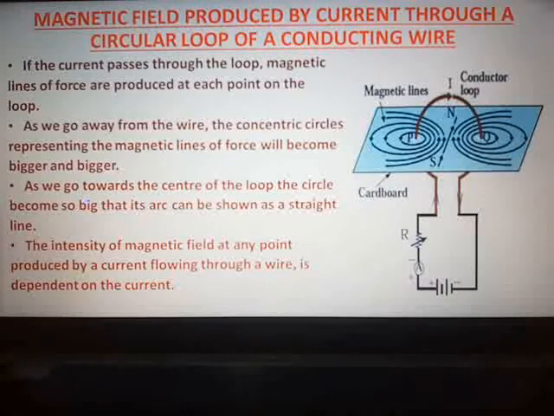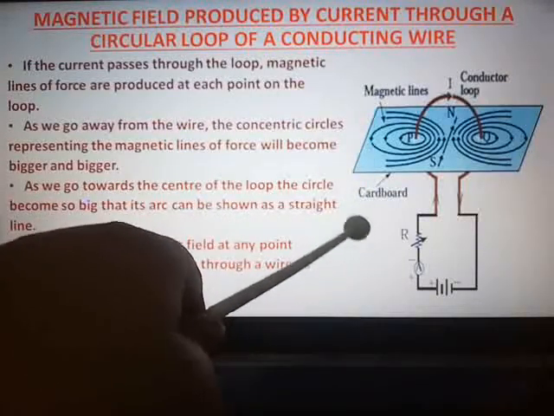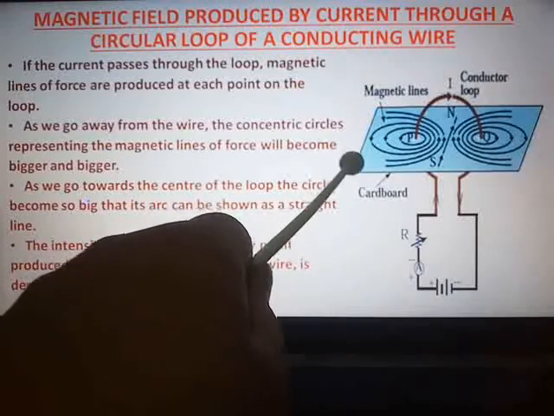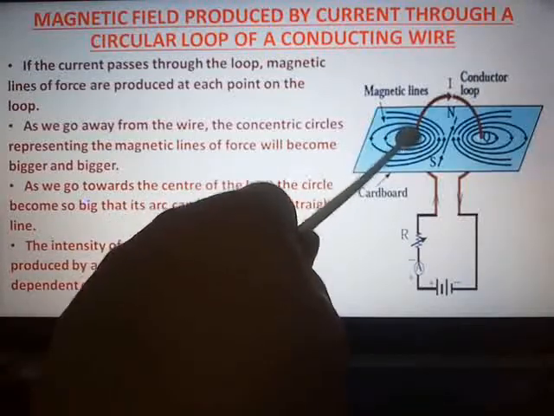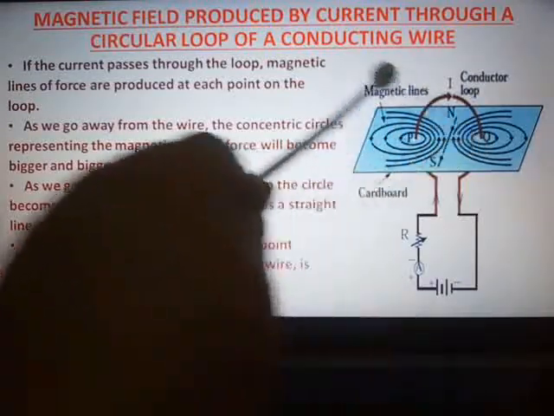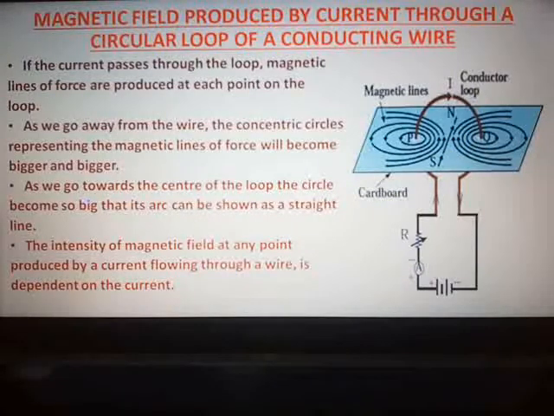Now here you can see in this figure, the magnetic lines of force are shown near the points P and Q only. However, they will be created near each point on the loop. In the diagram they are created at only points P and Q, but in practice these magnetic lines of force will be created near each point on the loop.